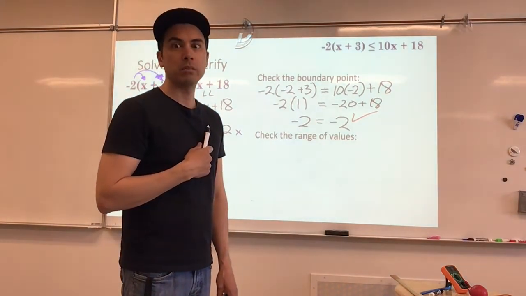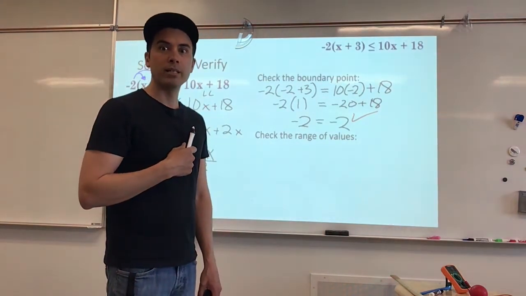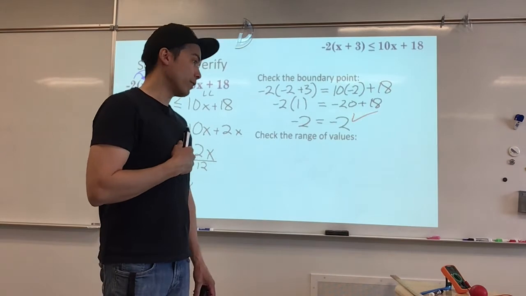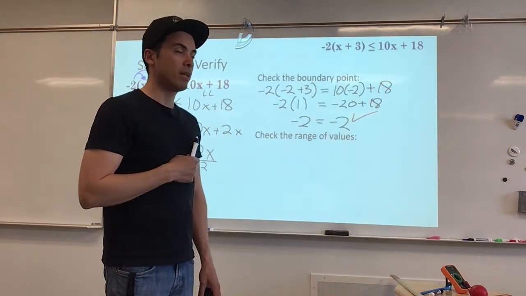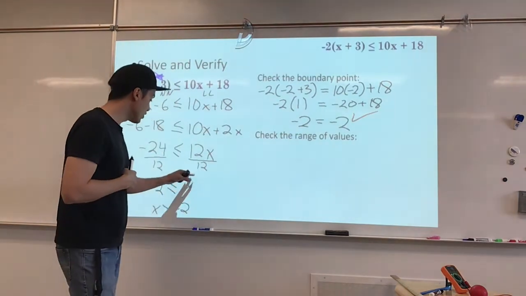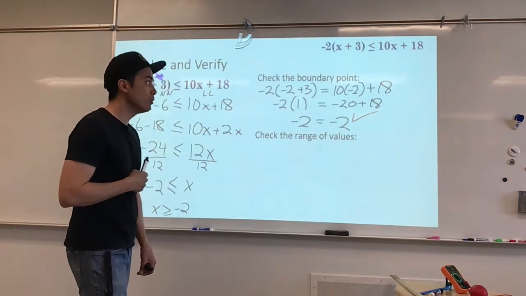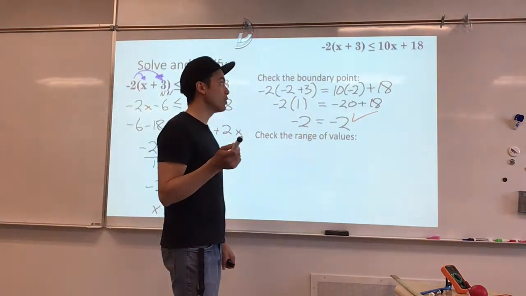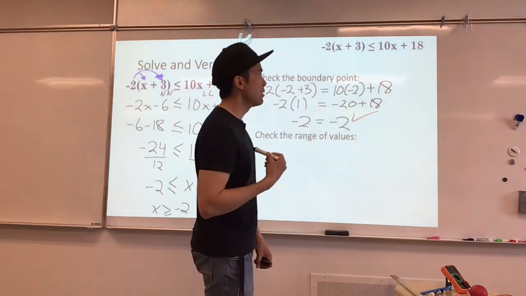Actually, dividing things by 0 is impossible. But for adding and subtracting and multiplying, it works quite nicely. So this is a case where 0 is bigger than -2. So I'm going to use 0 to check my range of values, and hopefully you see why 0 works out nicely.